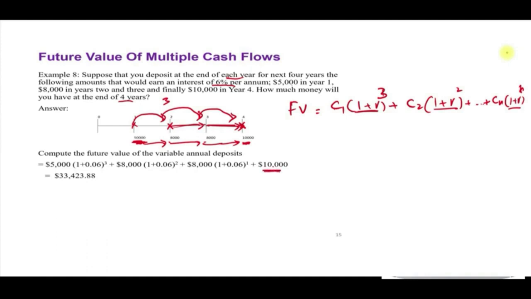Even if you use 1.06 power 0, the answer would be 1, so you can see it's 10,000. So the answer would be the sum for the multiple cash flows. This is how we find future value.